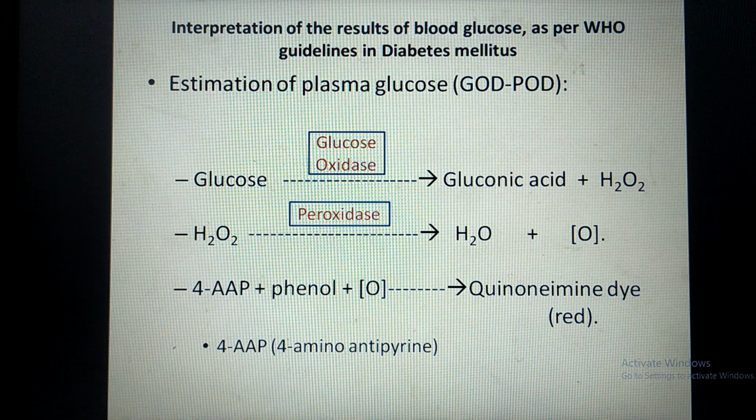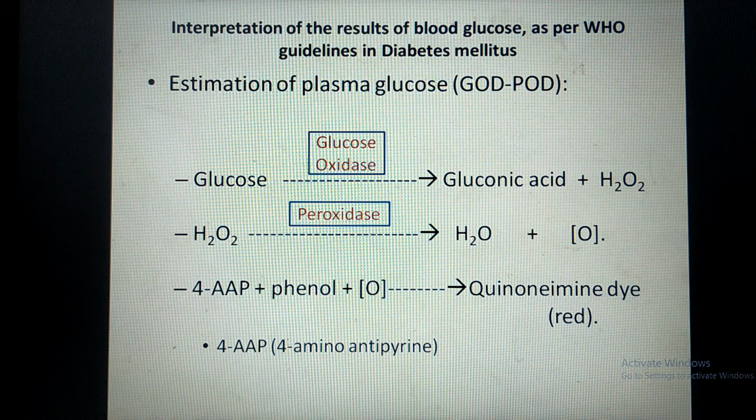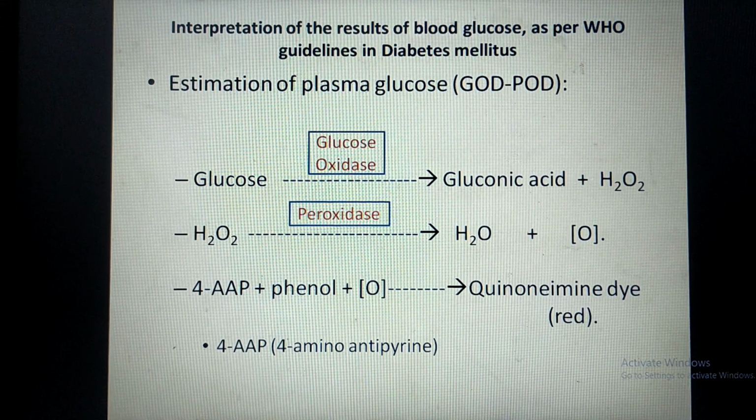When this nascent oxygen combines, they get converted into red color quinone dyes. The intensity of this red color of dye is directly proportional to the amount of glucose present in the blood. So by measuring the intensity, you will get the amount of glucose present in the given sample.